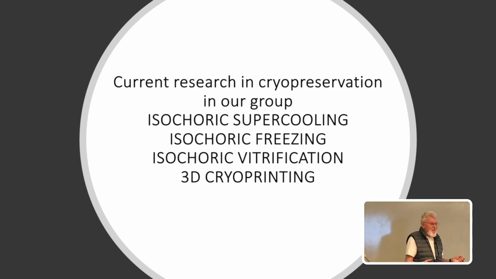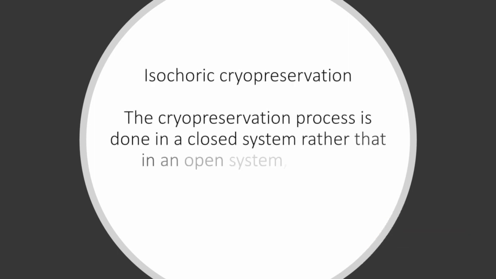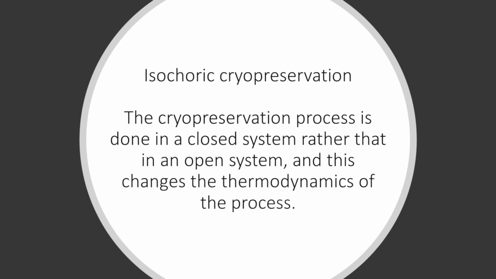So what are we doing in our group? We are working on isochoric supercooling and on 3D cryoprinting in order to overcome the problems that we have discussed earlier. In our system, isochoric cryopreservation is done in a closed system, as opposed to isobaric, which is conventional cryopreservation, done in the atmosphere at constant pressure.